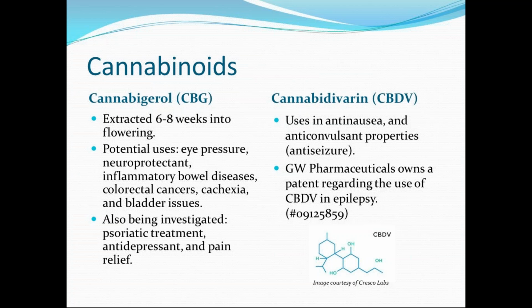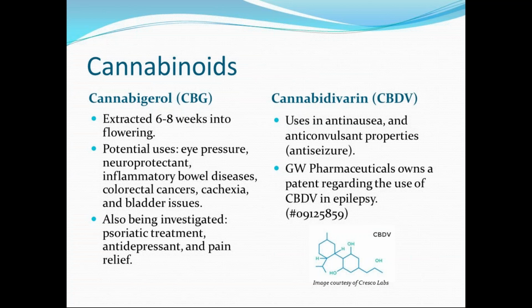Exciting stuff regarding inflammatory bowel diseases, colorectal cancers, cachexia, and bladder issues are all coming out. Also right now being looked at for psoriatic arthritis and psoriasis treatment, as an antidepressant, and for pain relief. So keep in mind CBG may be useful if you are trying to treat any of those.